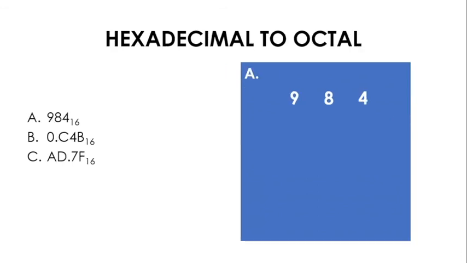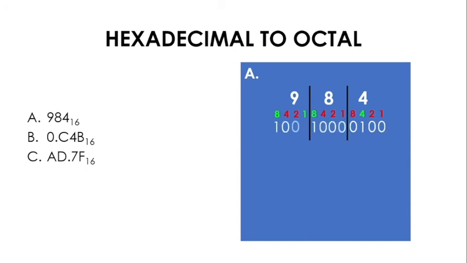For the last topic, we will be converting hexadecimal numbers to octal. It will be divided into 2 parts. For the first part, we will convert the hexadecimal number to a binary number, and we will take the binary equivalent of that hexadecimal and convert it into octal.